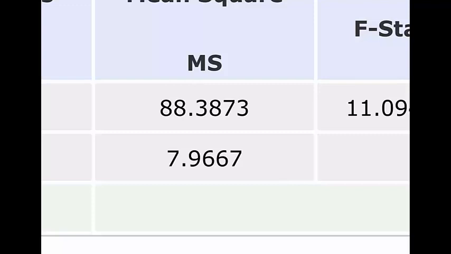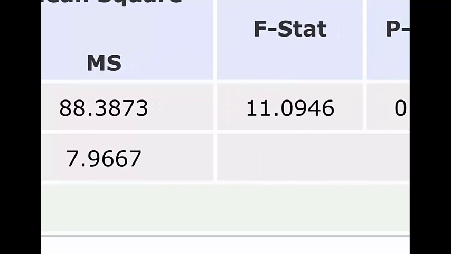of the sample size times the variance of the sample means. So naturally, all you need to do is take the 88.3873 and divide that by the 7.9667, and then you get, bam, 11.0946. That's where they get their standardized value.